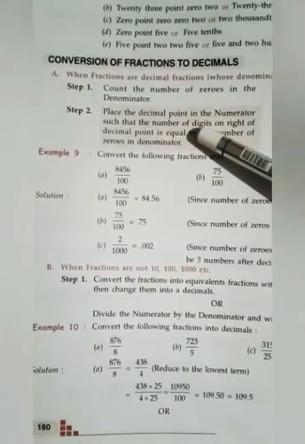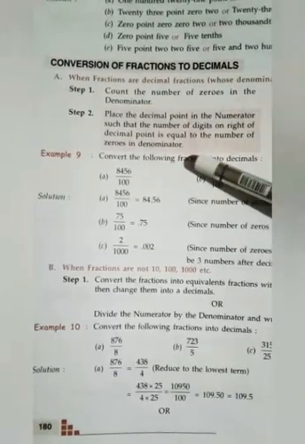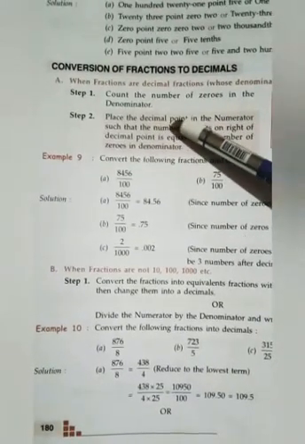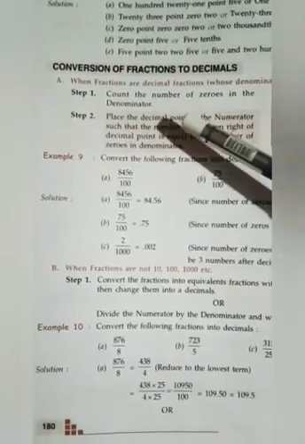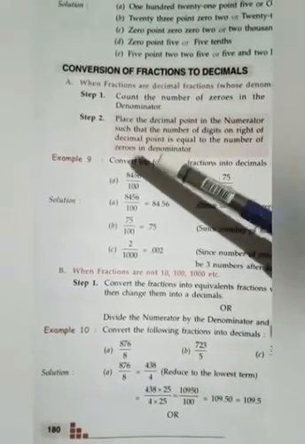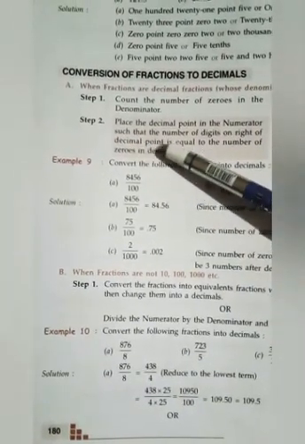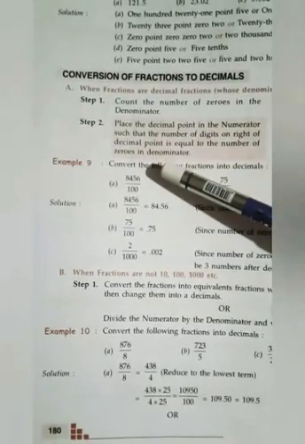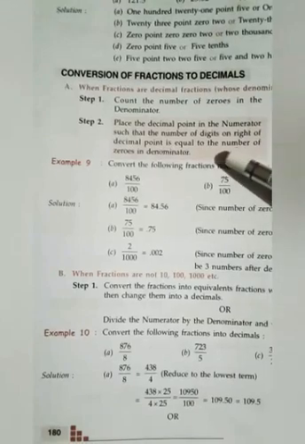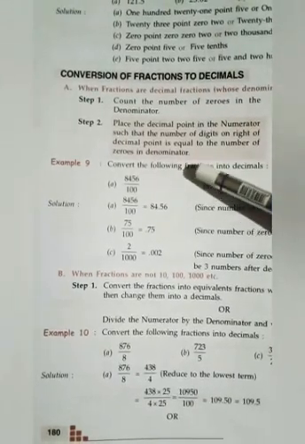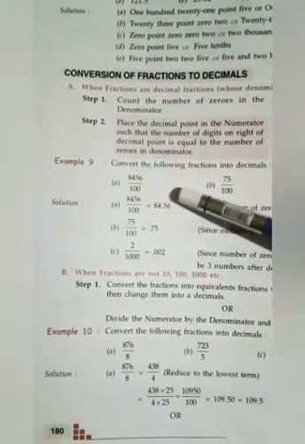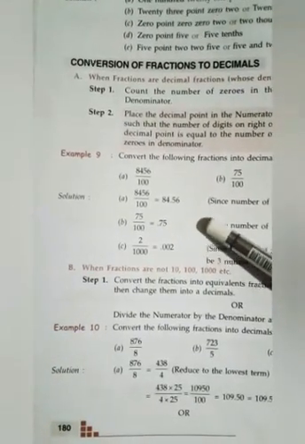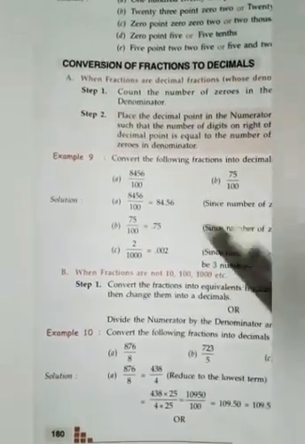Here two steps are given. We have to follow these two steps. First step is to count the number of zeros in the denominator. Then second step is to place the decimal point in the numerator such that the number of digits on the right of the decimal point is equal to the number of zeros in the denominator. So first you see the example, then you can easily understand.